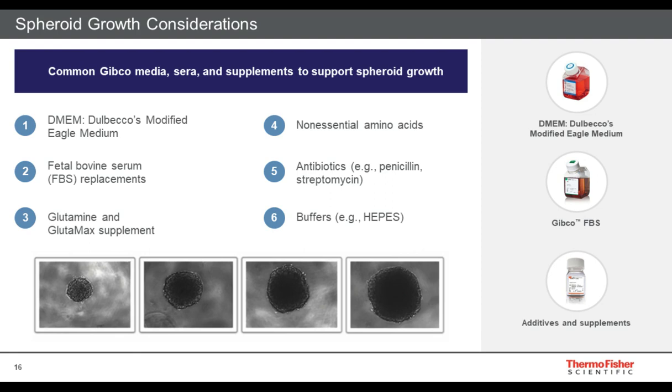And growing these in one of the formats shown on the previous slide is really all you need to do to get started for many cell lines, and also simply for aggregating many cell lines.